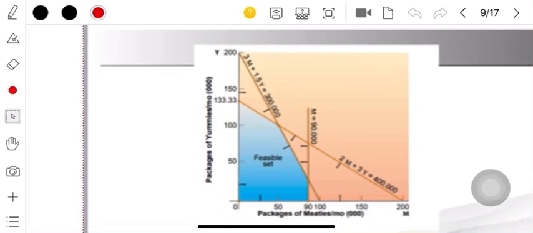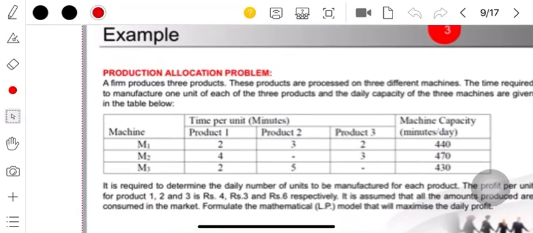If it is a maximization type, then the point having the highest value for the objective function will be the optimal solution. In case of a minimization type objective function, the point having the minimum value will be the optimal solution.